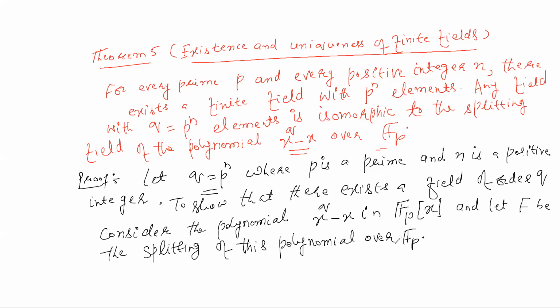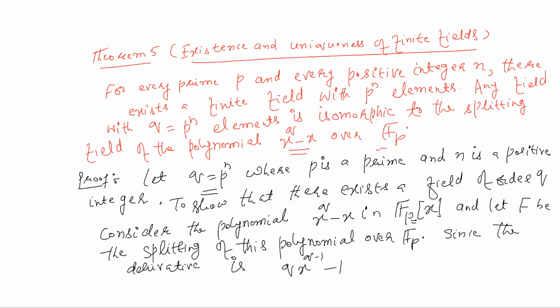Now what is the derivative of this polynomial? The derivative is q x raised to power q minus 1, minus 1, and this polynomial is over F_p, and F_p has characteristic p.